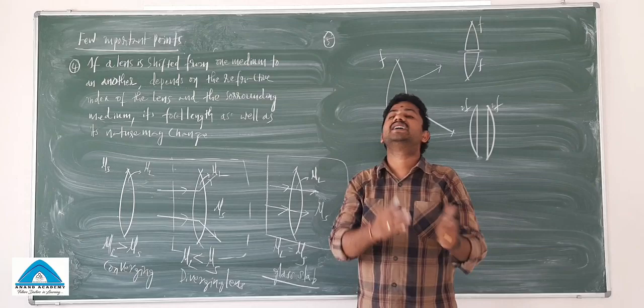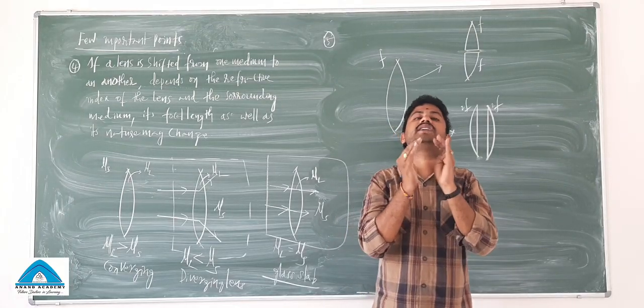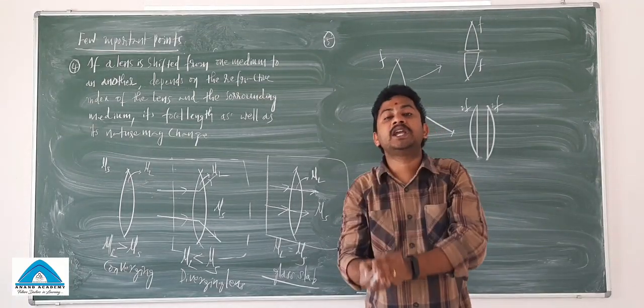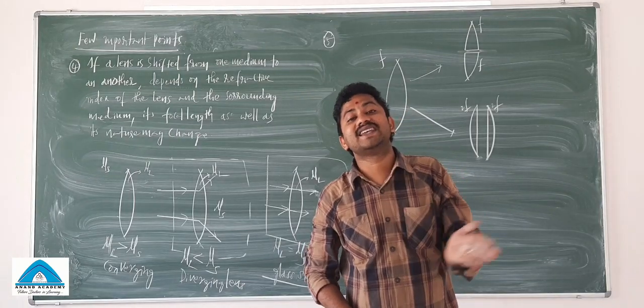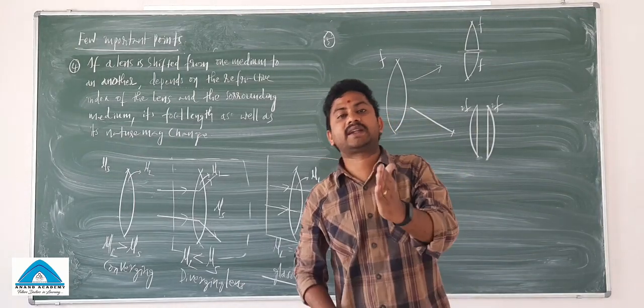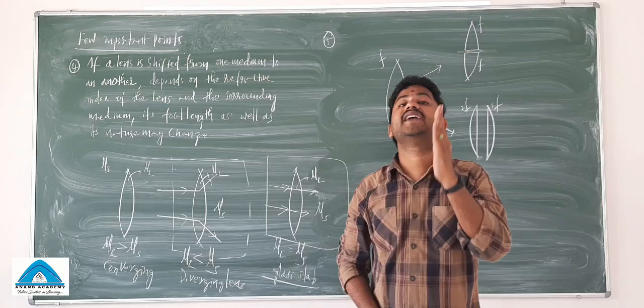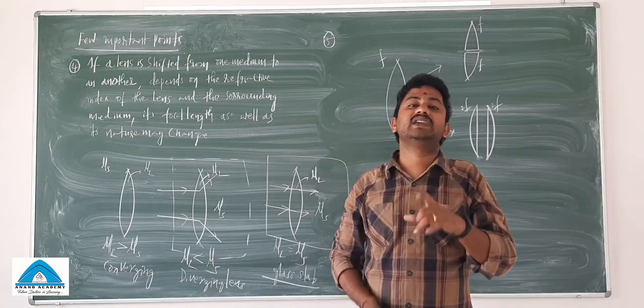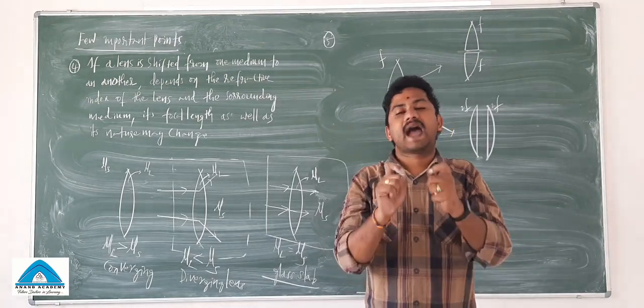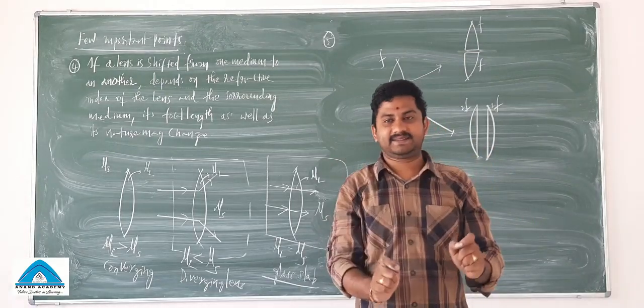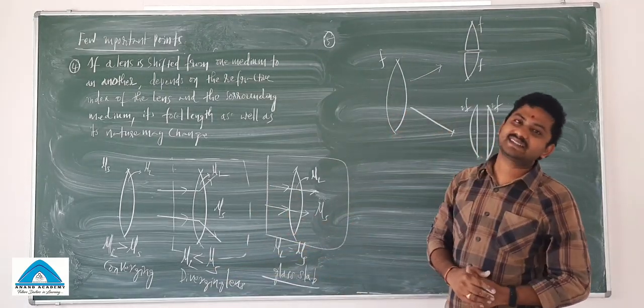And in the third case, the same concave lens is kept in a medium whose refractive index is exactly equal to the refractive index of the concave lens. It will behave as a glass slab and no refraction takes place. So that is what these three cases tell us.